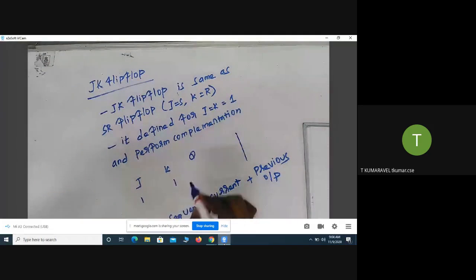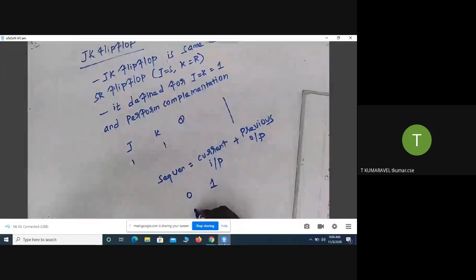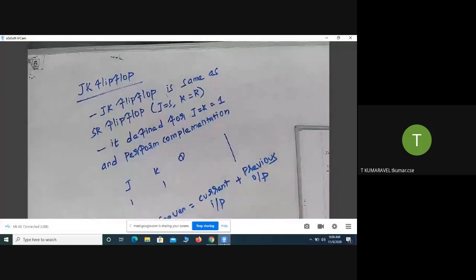If the past output is equal to zero, it performs complementation. If the past output is equal to one, it also performs complementation. Whenever the input combination is one-one, I will explain that briefly.